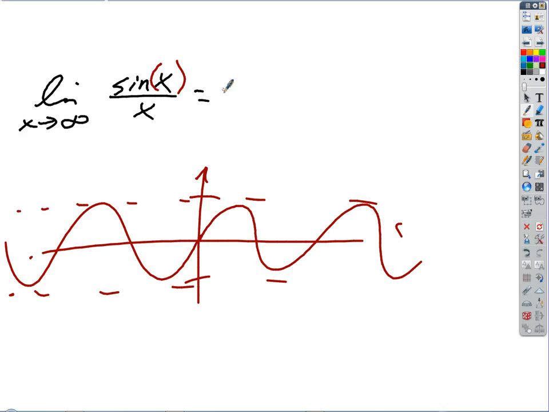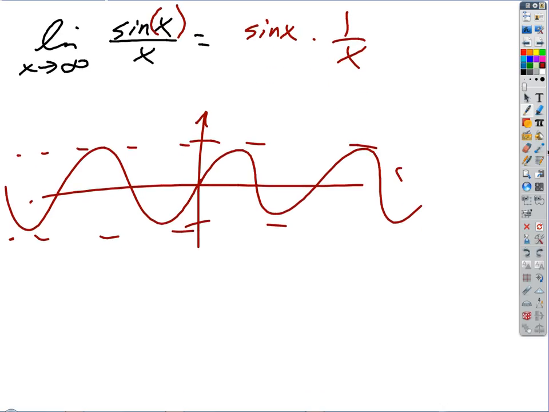And so really, maybe a better way to think about this is that this function would be sine x times 1 over x, right? And that's actually kind of an interesting thing to consider. A sine function looks like this, right? A 1 over x function, an inverse function, looks like that.